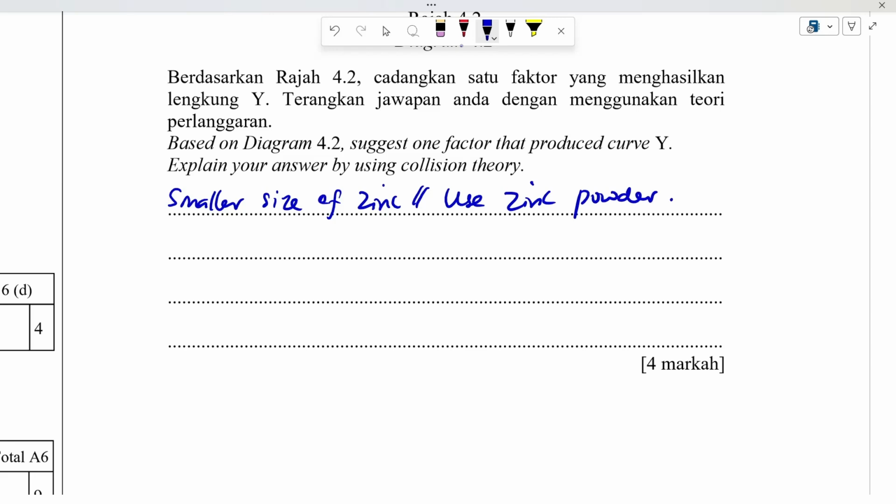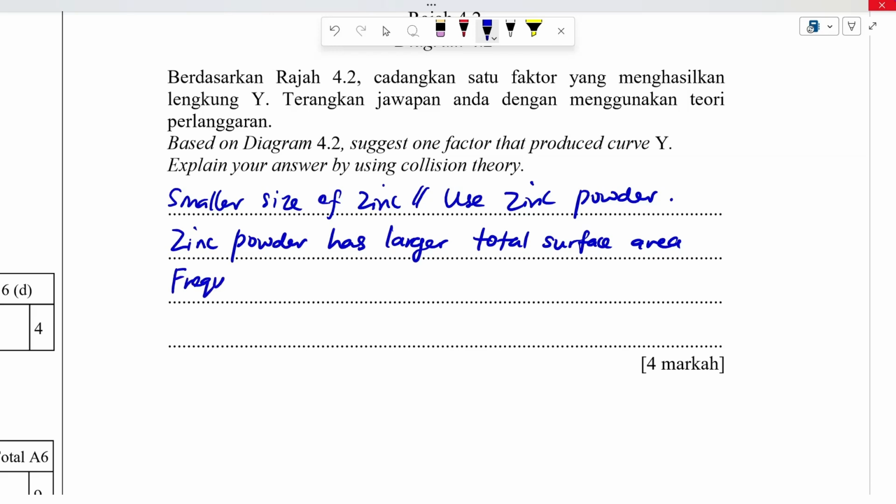Now, zinc powder has what? Larger total surface area. Then after that, frequency of collisions between what particles?